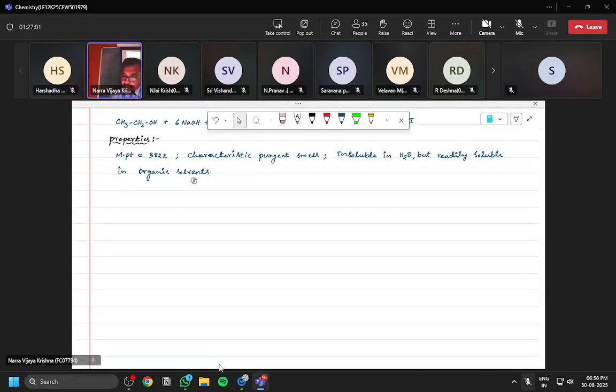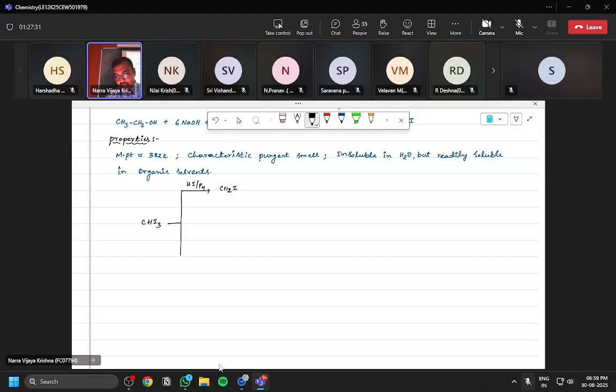Next. Iodoform with hydrogen iodide and red phosphorus. What is HI and red phosphorus? A strong reducing agent. If I provide an excess amount of it, it will convert into methane. If I add only one equivalent, CH2I2.